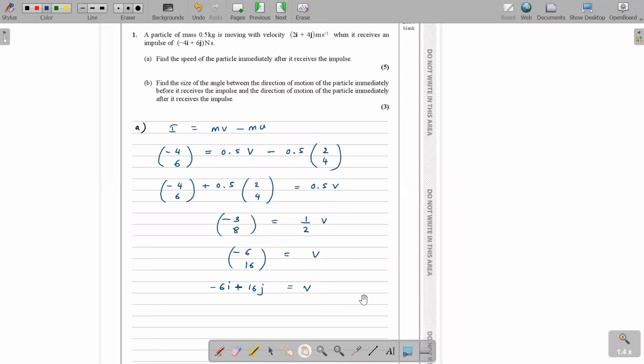Okay. So however, you can see the question they are asking you to find the speed of the particle. So what do you mean by the speed? Now we have the velocity, so to get the speed, we have to find the magnitude. Minus 6 squared plus 16 squared, square root, gives us how much?